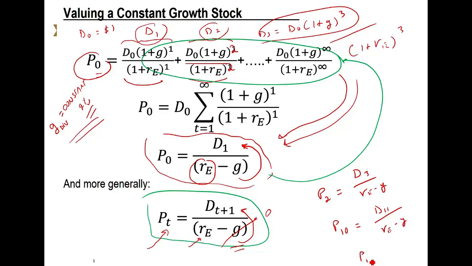And if you want to find the price in year 12, what you need is to estimate dividend in year 13 and divide that by RE minus g. In all these 3 cases, I'm applying a very simple mathematical formula to find the price of the stock at different points in time. But the requirement is that you can assume constant growth. This is the end of this presentation.